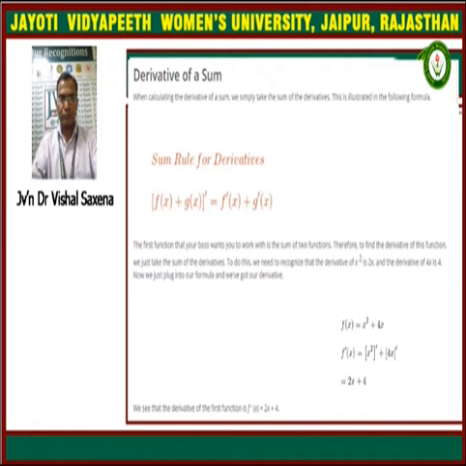There are two functions in addition, x^2 and 4x. The derivative is 2x for x^2, plus the derivative of 4x, which is 4. So this is the answer for f(x) = x^2 + 4x; we differentiate every function written in addition or subtraction individually.